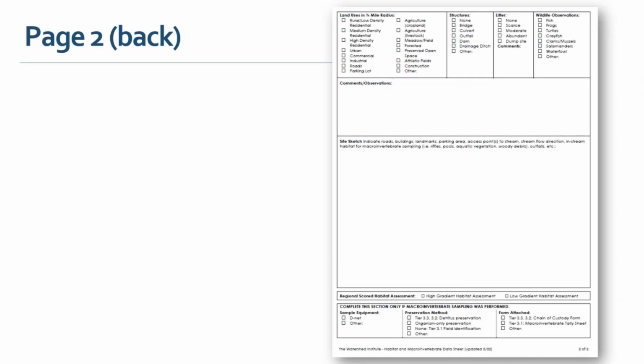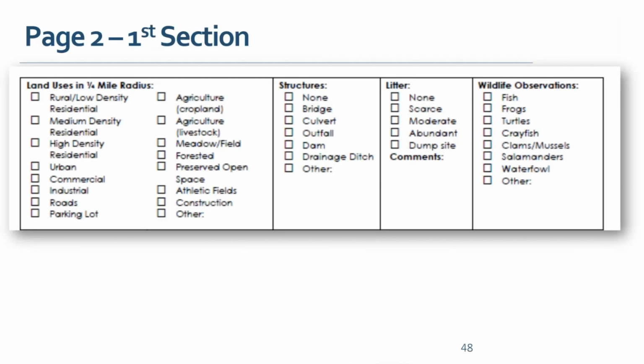Now we're already jumping to page 2 on the back of the data sheet. So this is what the full page looks like, and I'm going to be going into each part separately. At the top, we want you to check off what land uses are within about a 1/4 mile radius of your site.